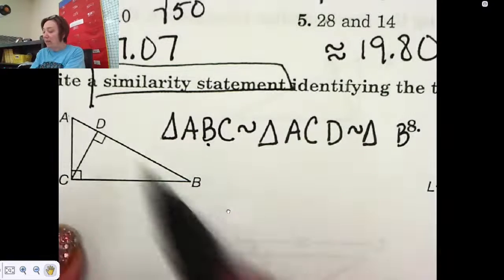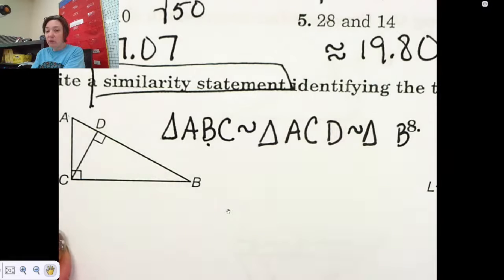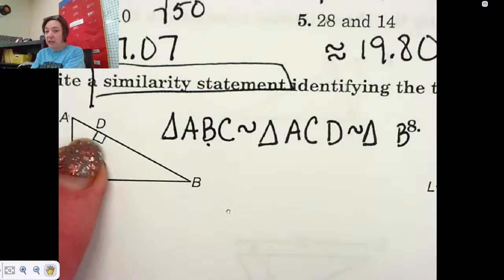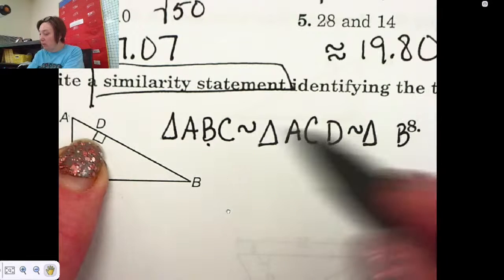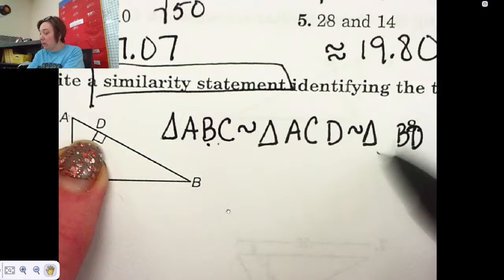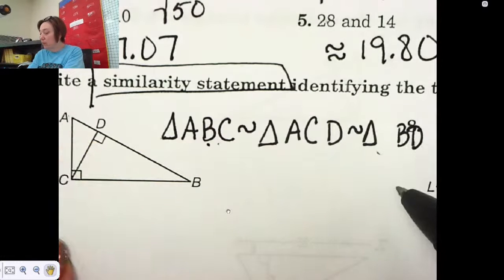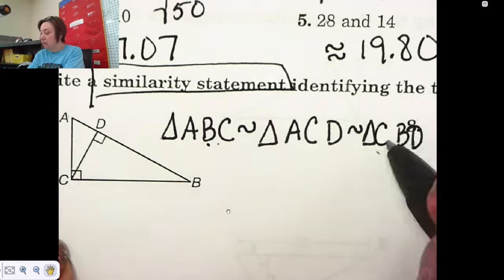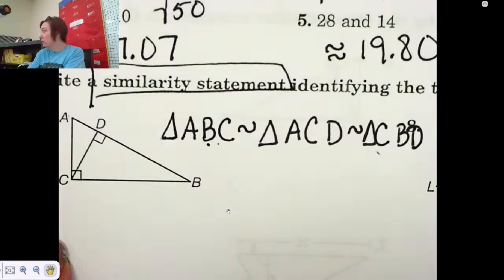What is the right angle for the little medium one? D. So D is going to go where the right angle is for this one, which is C. So it's going to go over here, right? And then what goes here? What's the other angle? C. So C goes there. Do y'all see how that works?